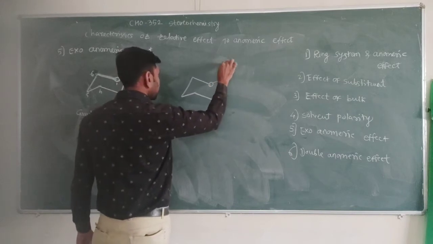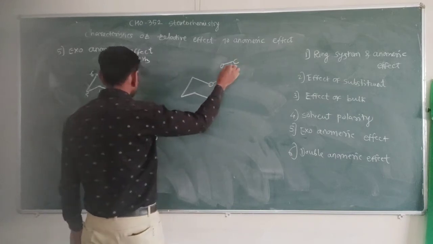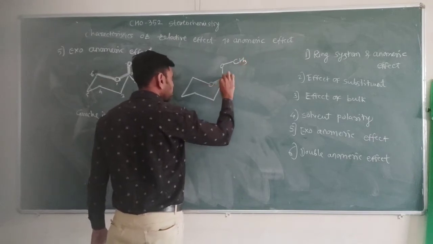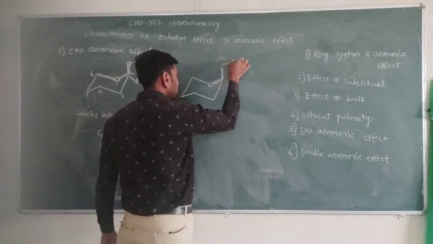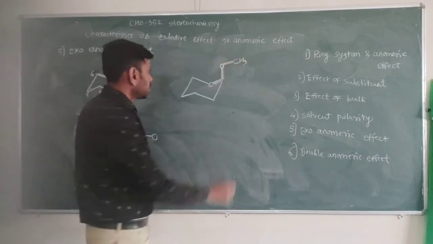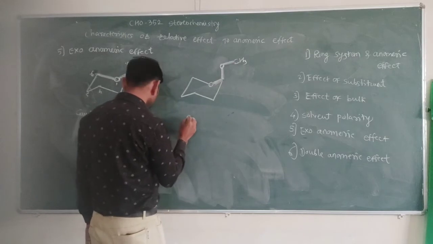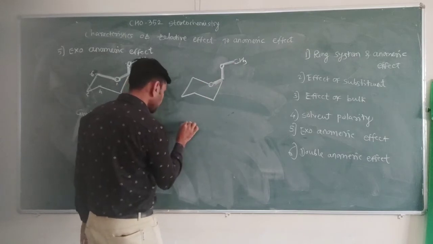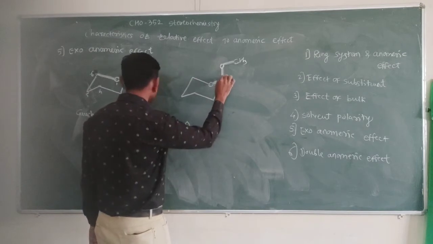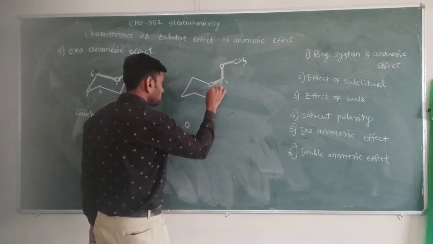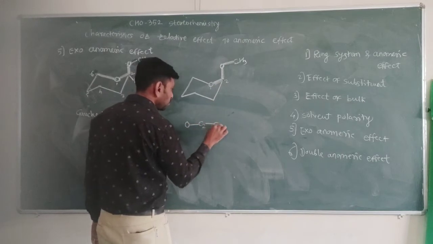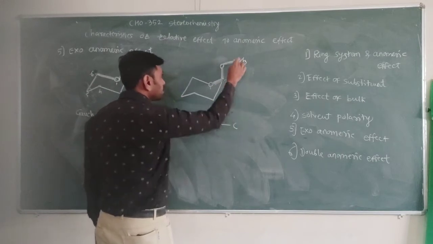It is expected that the gauche interaction also in between O, then here C2, O, C2, O, and then here this carbon.